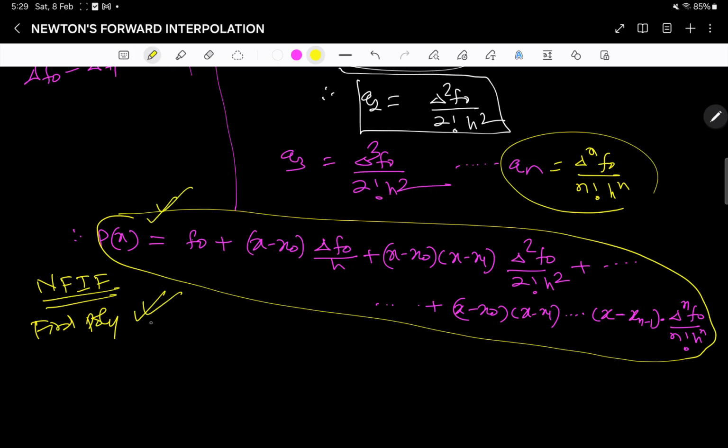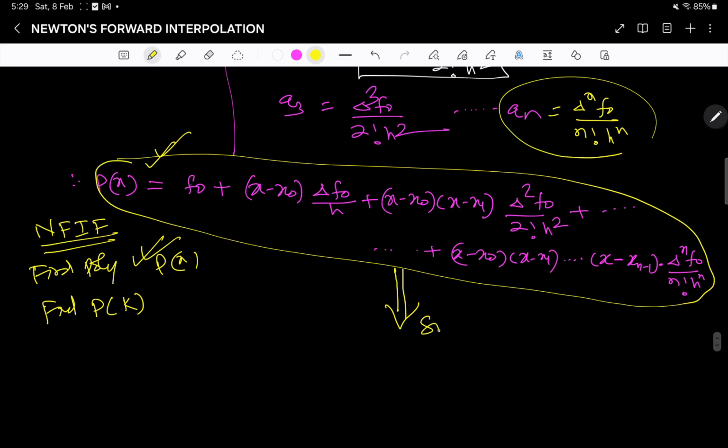Now if it is find polynomial p of x, if it is find some p of some value, so p of some k, right, then we just want to find a simplified version of this formula, right? We will find a simplified formula for practical use.